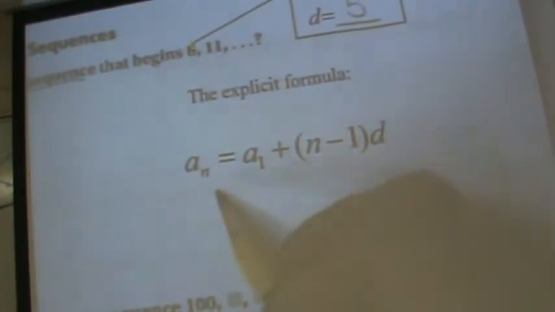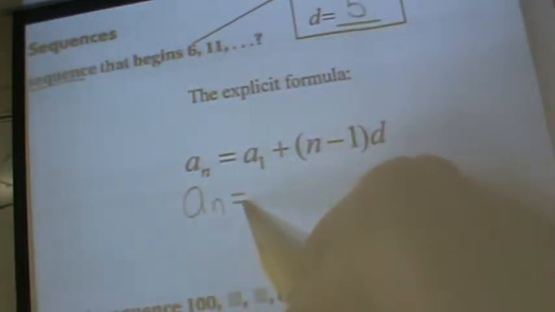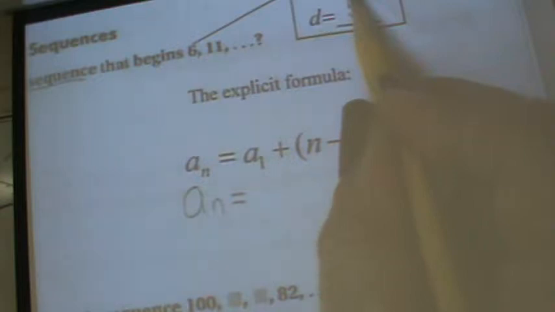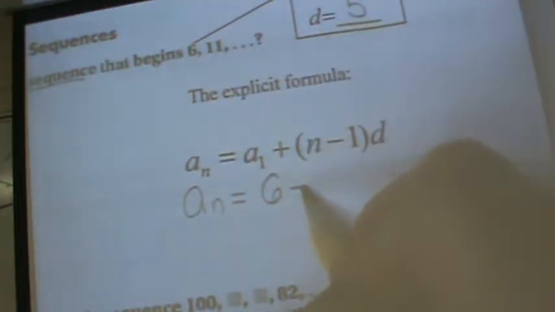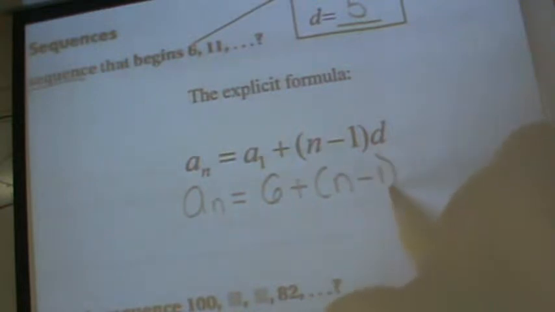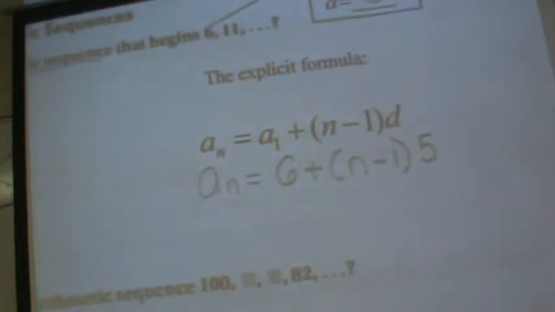How would you write this one out? A sub n, this is just a formula. What's the first term? 6. This is just a generic formula, and D is 5. Some people will leave the formula like this. You could simplify it.